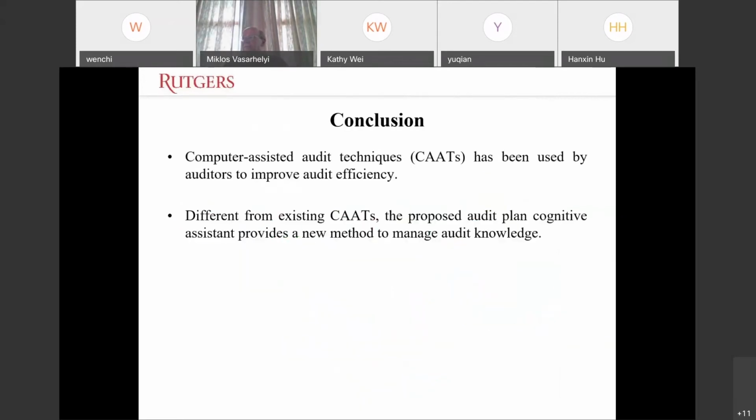Computer-assisted audit techniques have been used by auditors to improve audit efficiency. Different from existing CATS models, this paper proposes an audit plan cognitive assistant that provides a new method to manage audit knowledge.